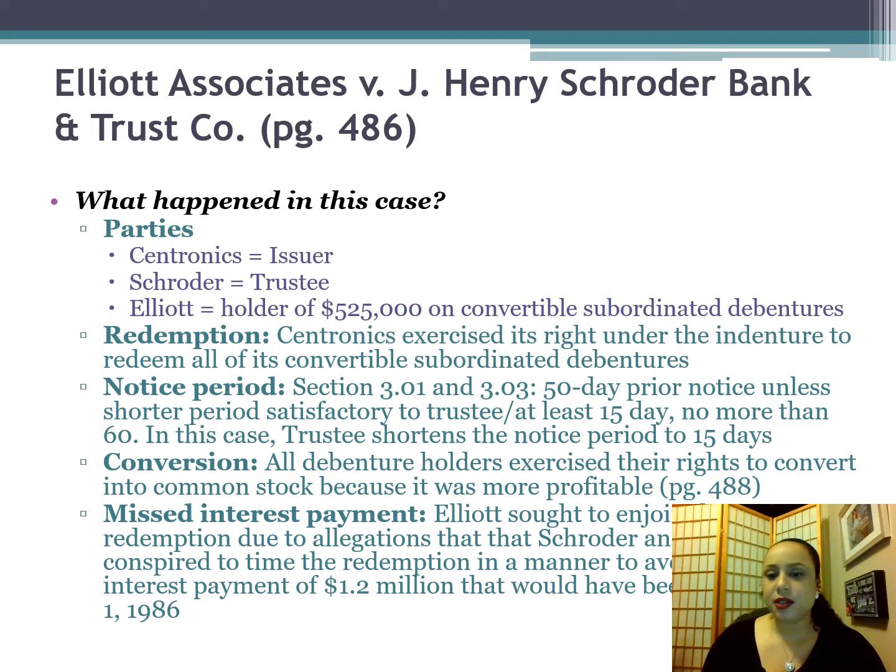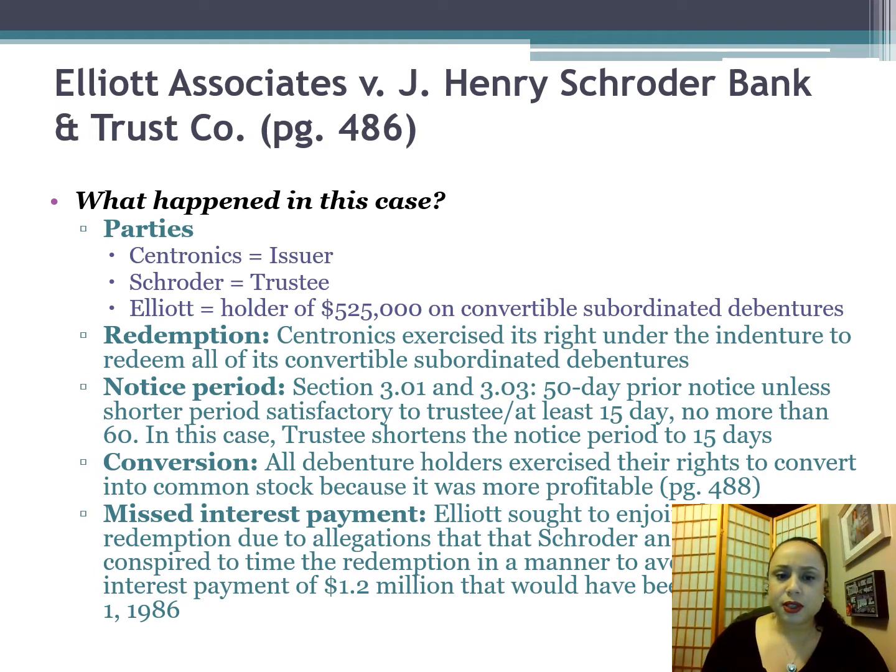And so Centronics, we could assume that Centronics had the right to redeem this debt within its indenture, and so they exercised their right. And attaching to this right to redeem was a notice period, which makes perfect sense. The company had to provide the bondholders with a certain minimum day notice that they were actually going to redeem these bonds.